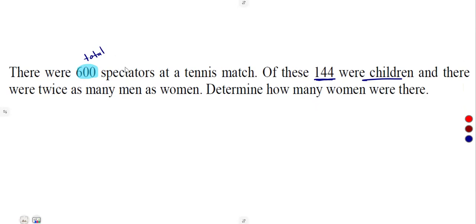The total consists of what? Children. And there were twice as many men as what? Women. Meaning to say, in this total, we also have men and women.